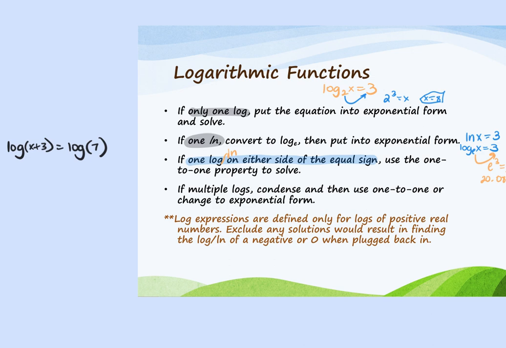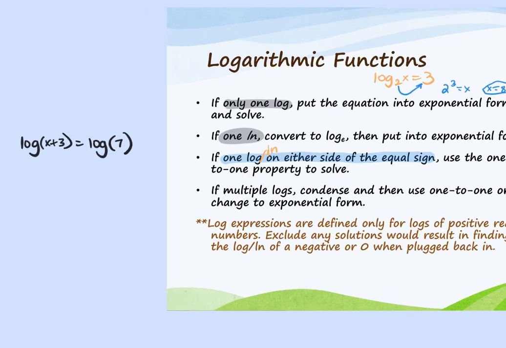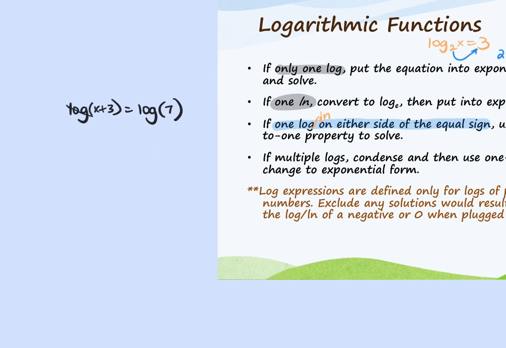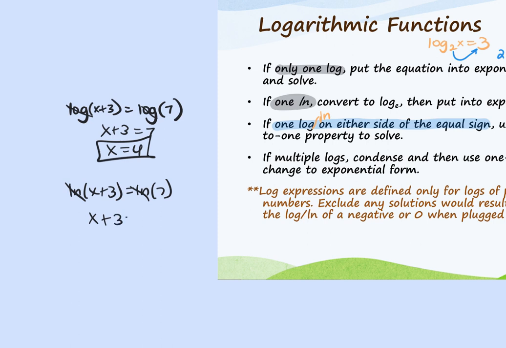This is log base 10. If there's one log on either side of the equal sign, we ignore the logs, and we set what's left equal and solve it. Same would go if it's ln. If it's ln of x plus 3 equals ln of 7, I would ignore the ln's, and I get the same answer. That's using the one-to-one property.